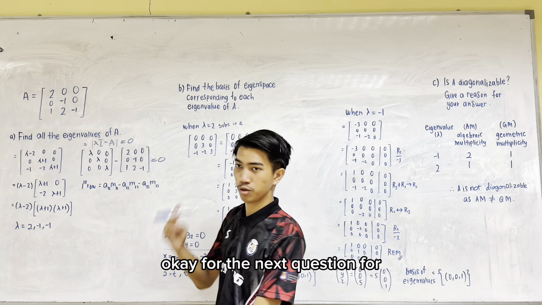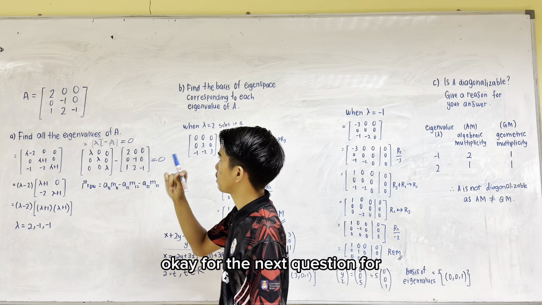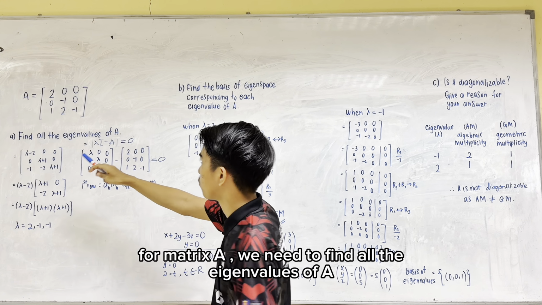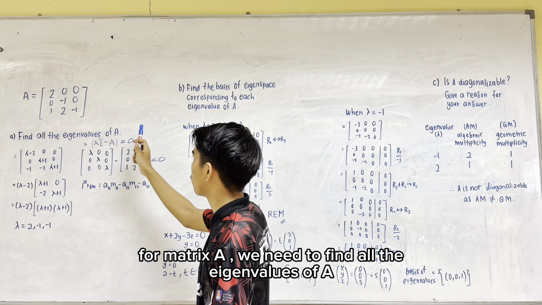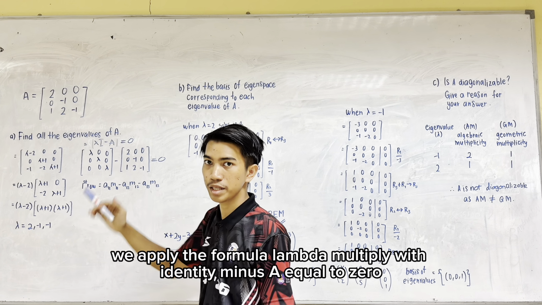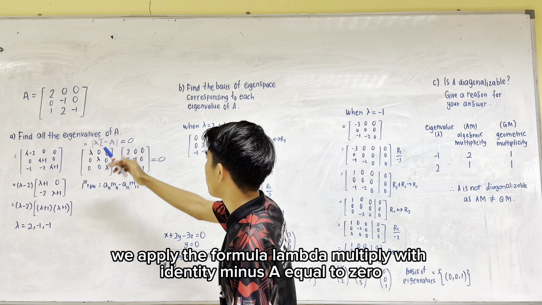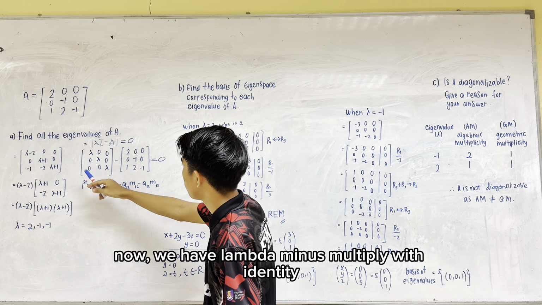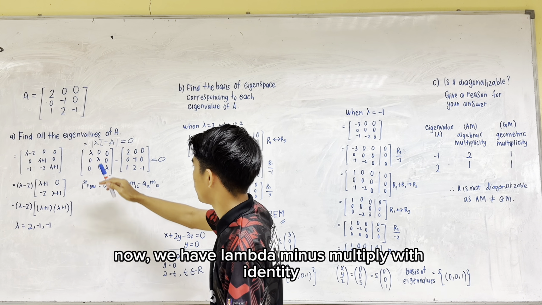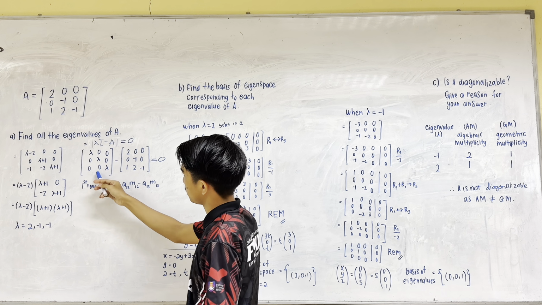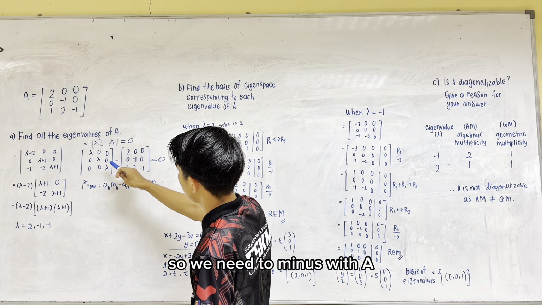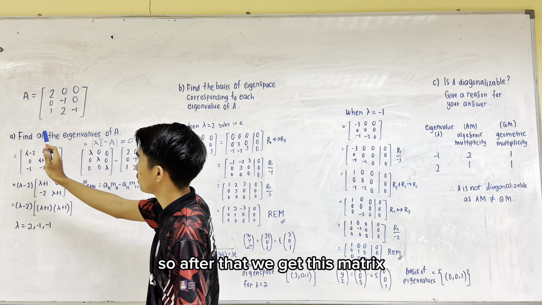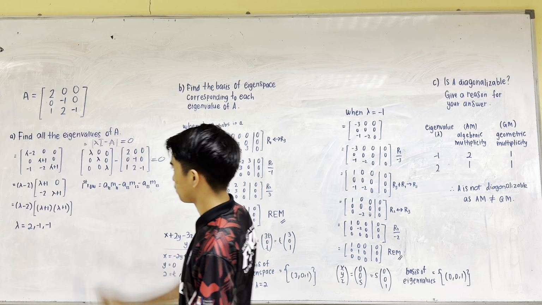For the next question, we need to focus on another matrix A. We need to find all the eigenvalues of A. First, we apply the formula determinant of lambda multiplied with identity minus A equal to 0. Now we have lambda multiplied with identity, and we need to subtract A. After that, we get this.